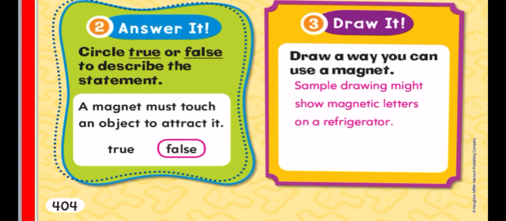So, magnets can attract objects without touching them. I can attract iron and metal through the paper or through my hand. Excellent. And for my drawing, I can draw magnet letters on a refrigerator. What would you draw?